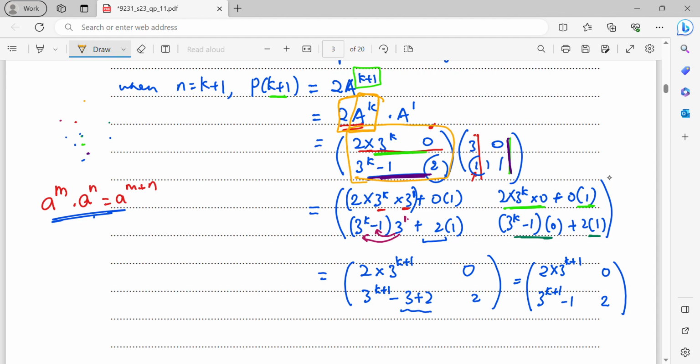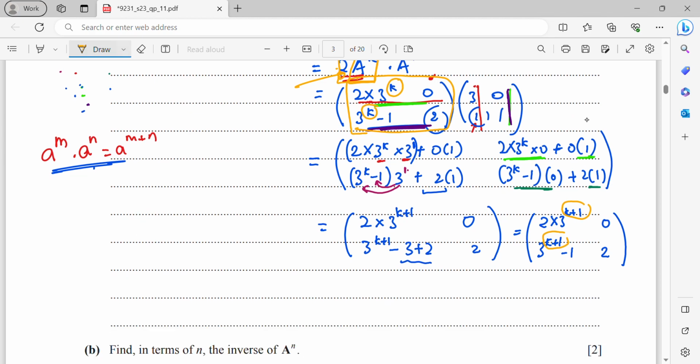Which means now, if I change my k to k plus 1, this k must change to k plus 1, which is here, and this k must change to k plus 1 as well. Then the rest remain. It means that I have obtained a similar form as 2 times A to the power of k, when the k is replaced by k plus 1.